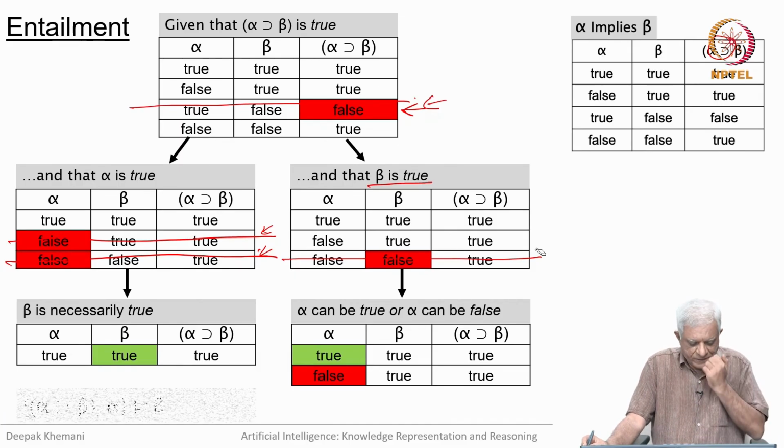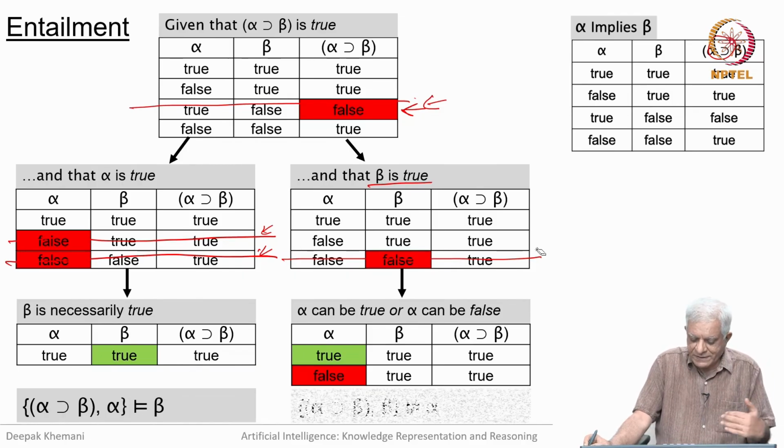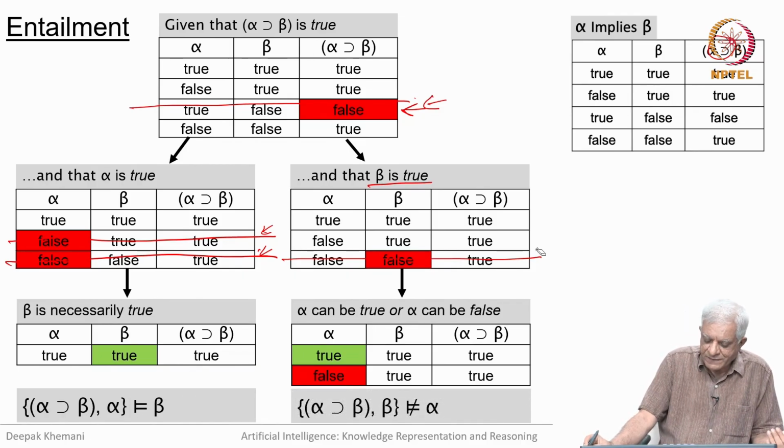So, what we would say in the language that we are developing is that in the first case alpha implies beta and alpha entails beta, but in the second case alpha implies beta and beta does not entail alpha.